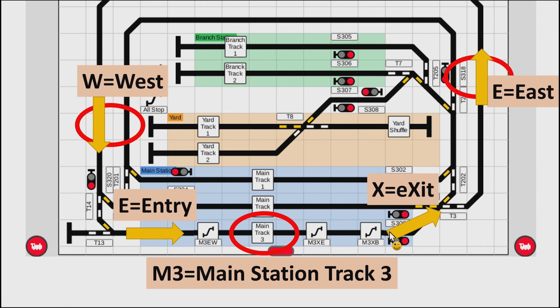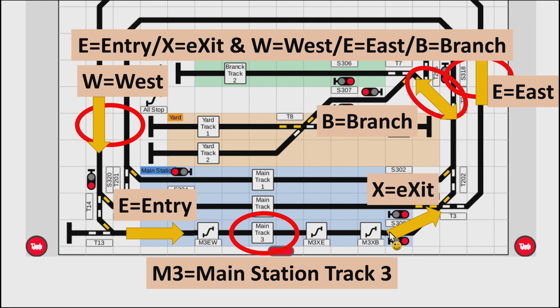In the same fashion, I use the abbreviation B for branch when I want to go to the branch. Okay, so what does that mean? Oh, yeah, by the way, on the branch, don't forget I can go both ways, while on the others it's a main track, so it's a 2-track line where you can only go one way on each track. So these are the abbreviations I'm using.